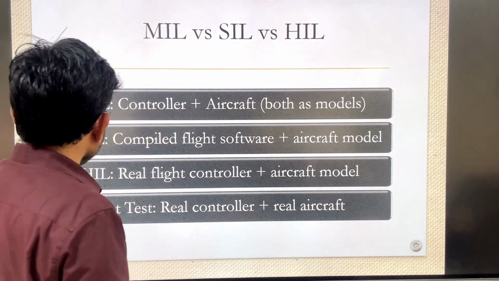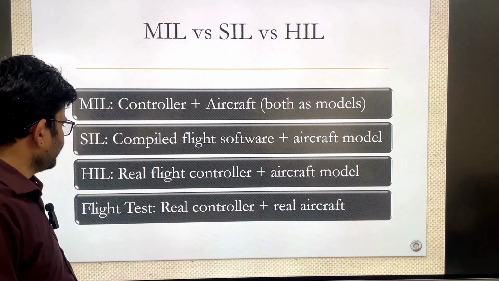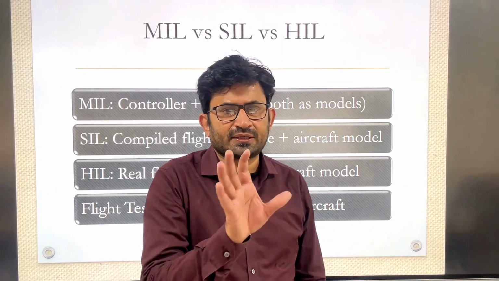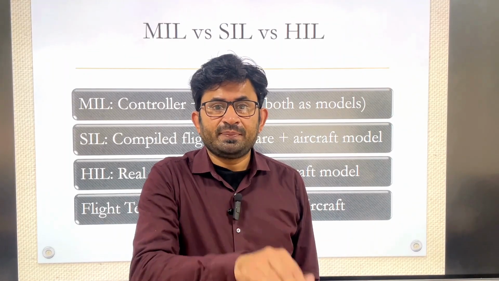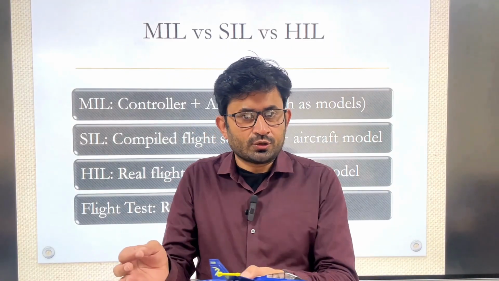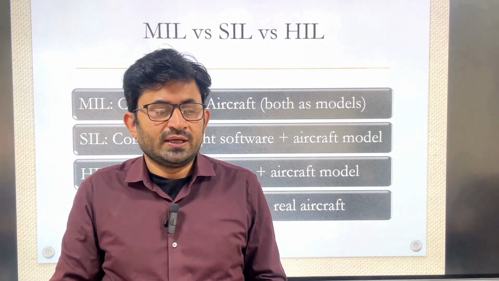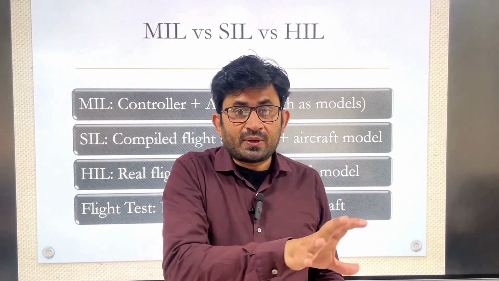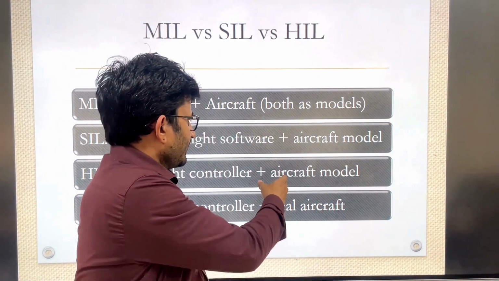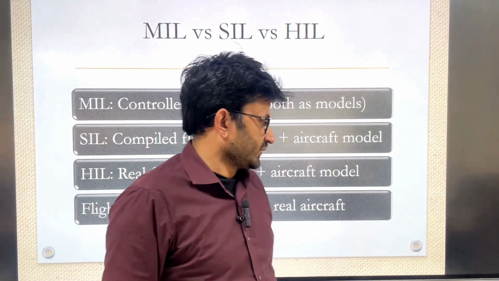Okay, now in HIL simulation, aircraft will be a mathematical model, but the controller will be a real controller. So in the real controller you can put the compiled code. So the controller part will be outside, I mean to say, like hardware, and still the aircraft model will be sitting in Simulink or any other software as a mathematical model.